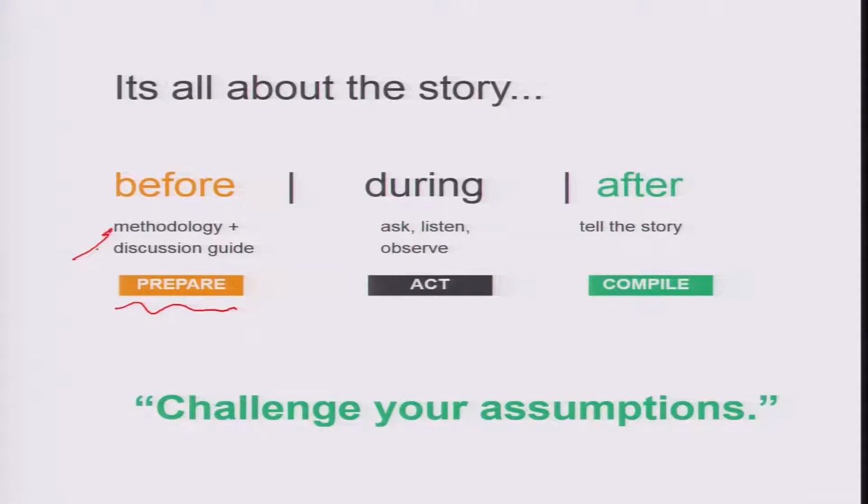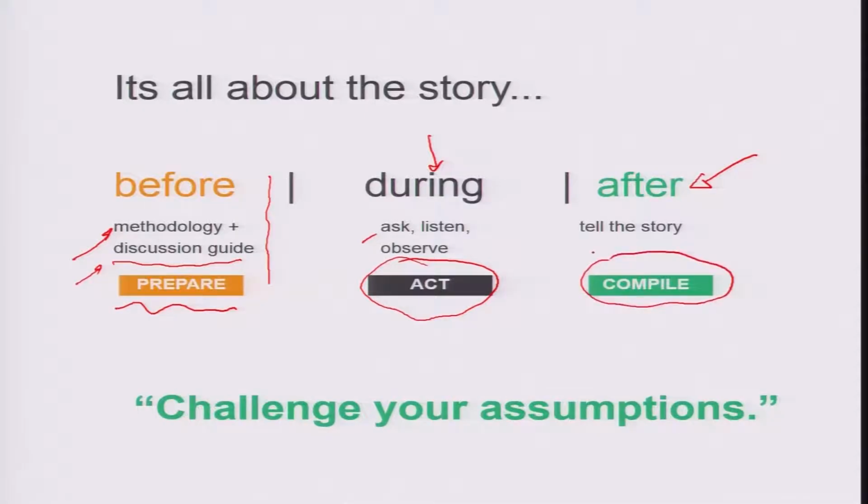So, you have to put a methodology in place to gauge what is important, prepare some kind of a discussion guide through which you could talk and interact, and then once you start interacting with a concerned person, you should listen and then ask, observe, again ask, and act on that account, and later prepare a whole story which you compile based on your observations during the whole process of discussion with the concerned person.